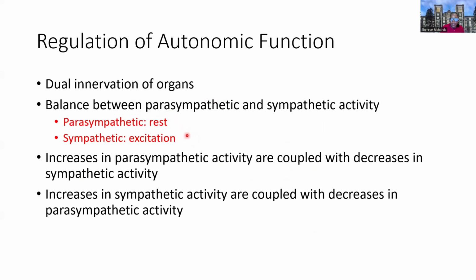So when we're at rest, there's somewhat of a balance, but the parasympathetic system is slightly more predominating. Okay, so as I'm sitting here in somewhat of a restful state, there's both of the systems innervating my organs, but parasympathetic is slightly more predominating in terms of its influence in the resting state.